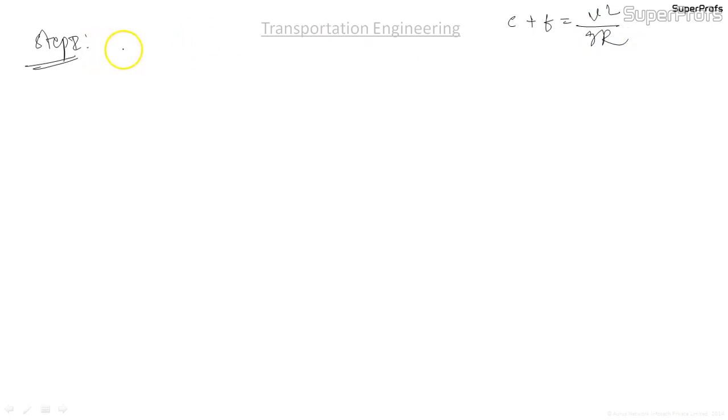In step number 1, there are 2 considerations: first, we consider the mixed traffic condition, and second, we consider the equilibrium super elevation. Mixed traffic condition because we have to design for vehicles of varying speeds, and equilibrium super elevation because it is the most desired alignment, the most desired thing in highway design.